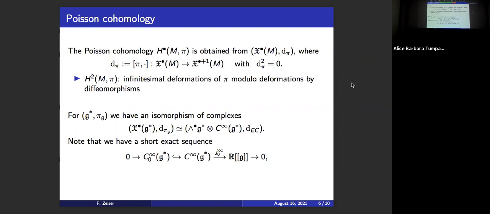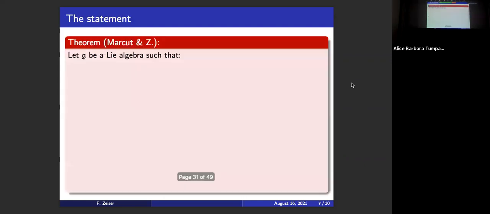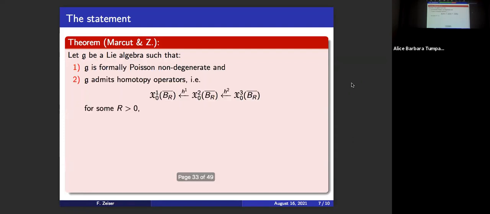So that comes next. And then one of the two main ingredients to prove the linearization result is the following theorem. Given a Lie algebra, which should satisfy two conditions. First, it should be formally Poisson non-degenerate, meaning one can always find the formal power series such that we can linearize, and second, it should admit homotopy operators.